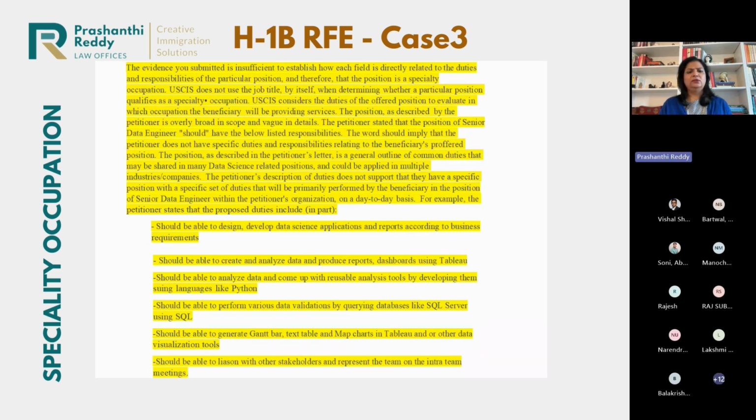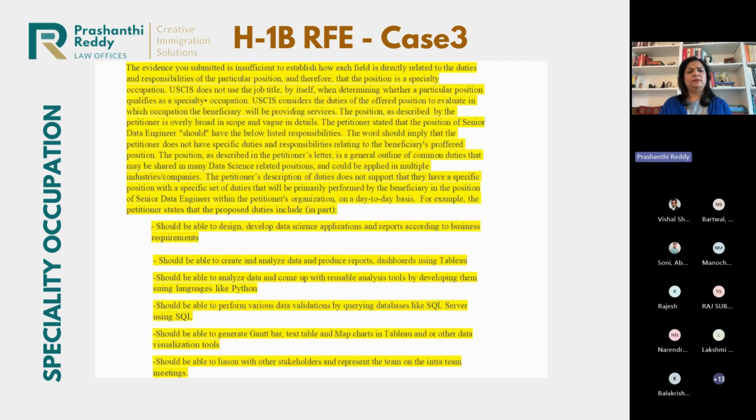And then they also want us to show how the field that we're mentioning is related to the duties or responsibilities, right? They're saying USCIS does not use a particular job title when determining whether it's a specialty occupation, but actually uses the job description.